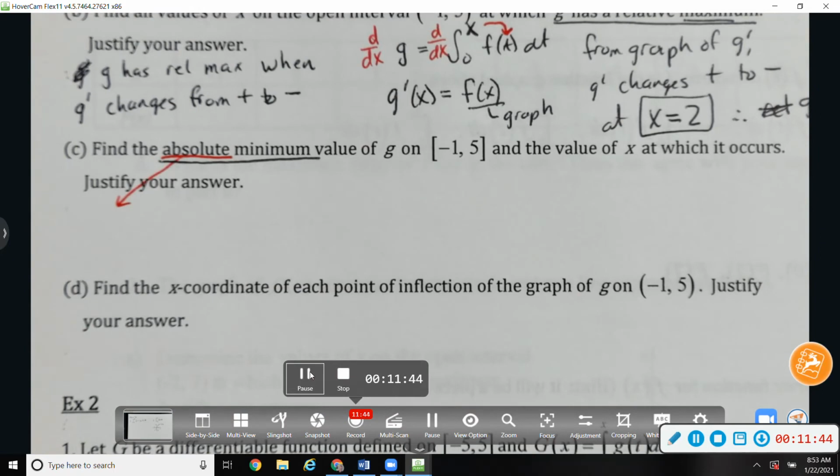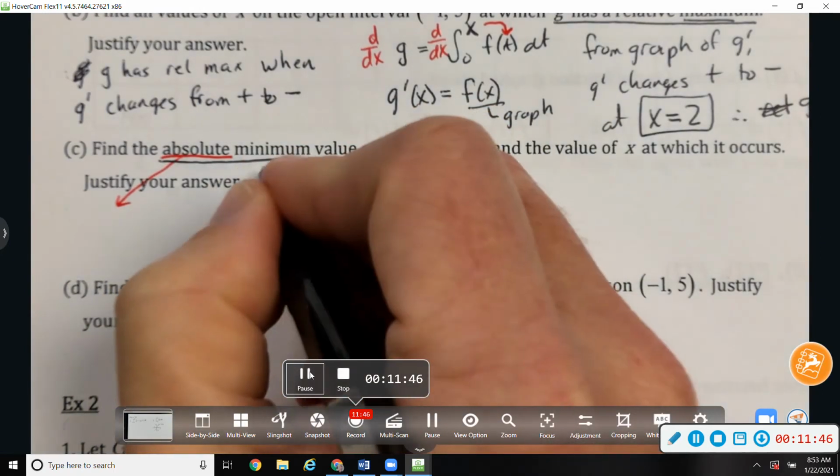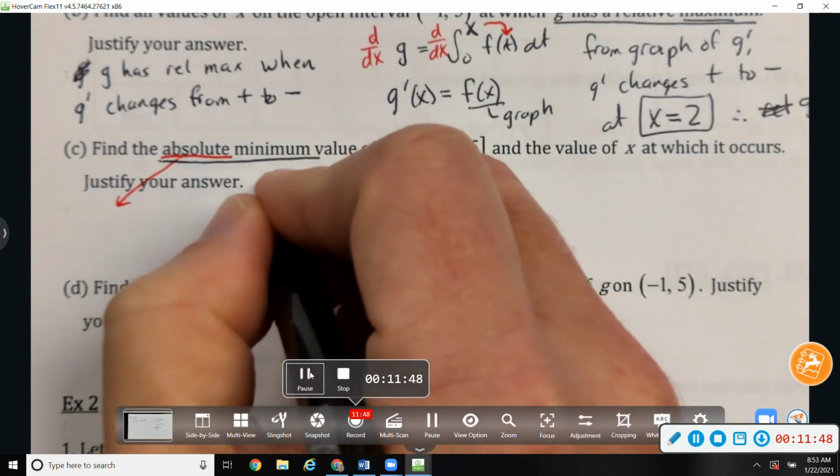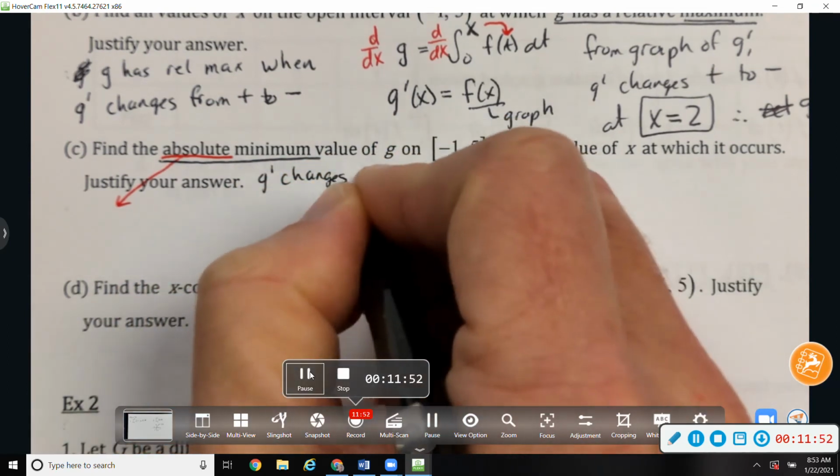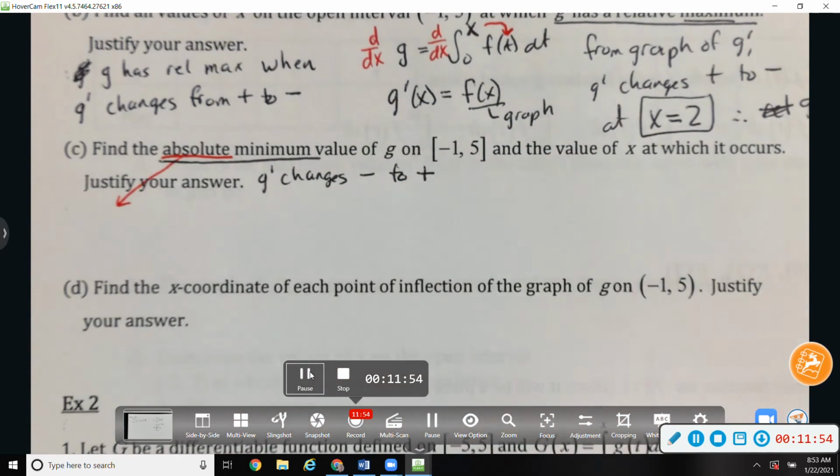Let's back up a second then. A minimum would be where g prime changes the other way, negative to positive. That would be a relative minimum, so a potential absolute minimum. So where does g prime change from negative to positive? Nowhere.